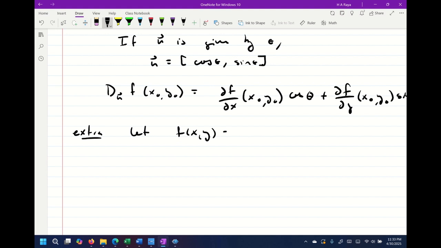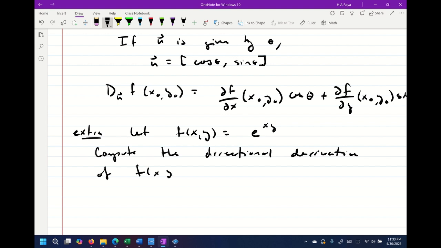Let f of x, y be equal to e to the xy, and let's compute the directional derivative of our function f of x, y at the point 1, 2 in the direction of v equal to, let's say, 4, 5.